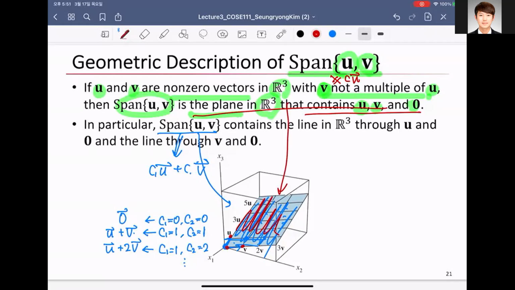Why do we have to know the span? That's a very, very important question. That's why we introduced the vector equation and the concept of span.